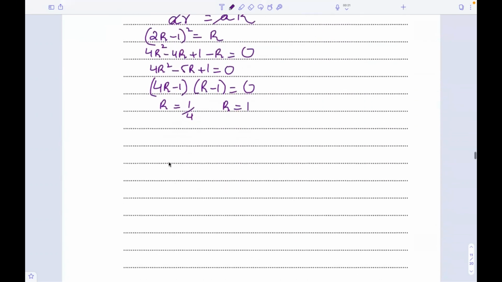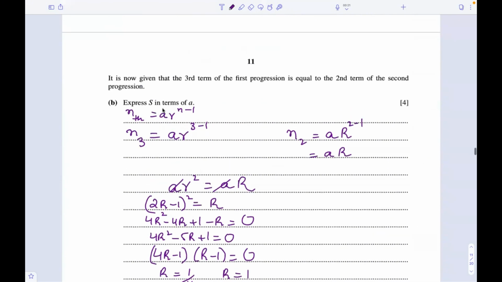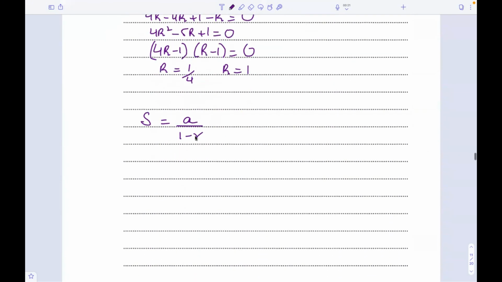And now using the formula for sum to infinity, S equals A upon 1 minus r, we have to express S in terms of A. First of all, we replace this 1 minus r with 1 minus (2R minus 1), and we get S equals A upon 2 minus 2R.